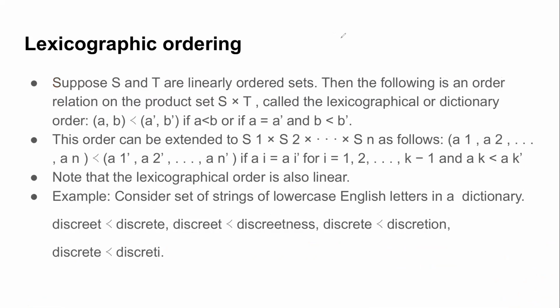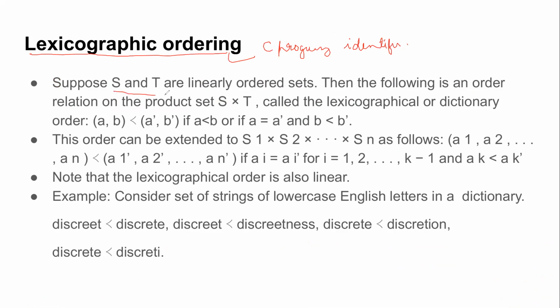So let us move to the last kind of ordering, which is not a generalization of this, but a tailored ordering, similar to what we have seen, but in the context of strings. This is very important in computer science because of the way we define identifiers in C programming or any programming language. So let us try to understand what this lexicographic ordering is.